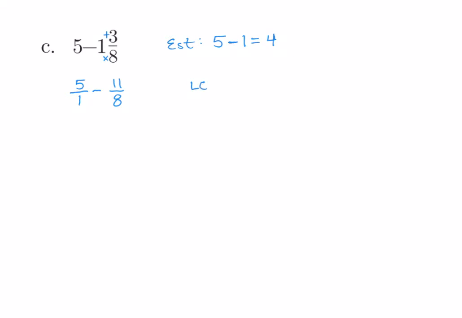My LCD, the smallest number divisible by 1 and 8 is just 8. My first fraction, to get from 1 to 8, we multiply by 8 to top and bottom. We get 40 over 8.